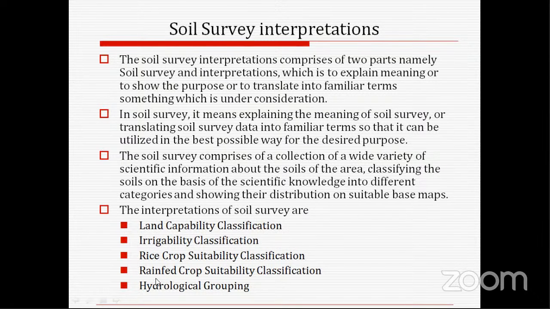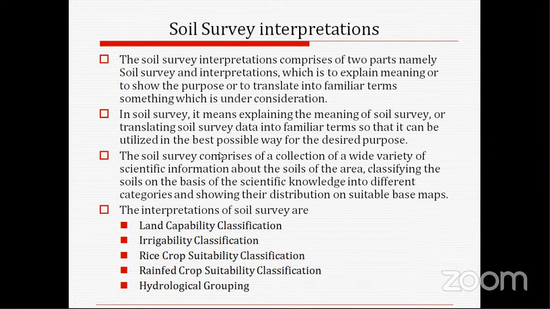The rice one is exclusively for the rice paddy crop, but this is for the other rain-fed crops. Another one is hydrological grouping, which one of your seniors mentioned in our discussion. Like this, we have different types of interpretations. Now we are going to check what kind of interpretations there are and how we are going to use the soil survey data.